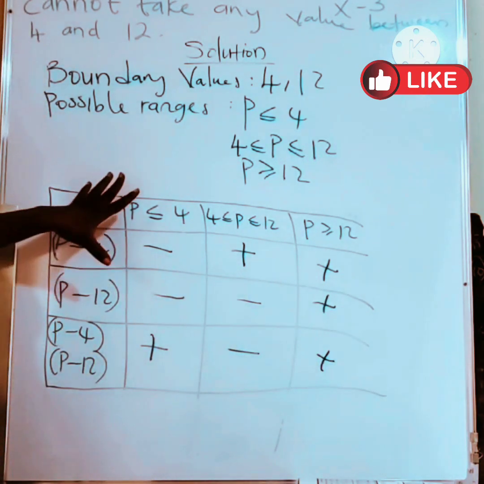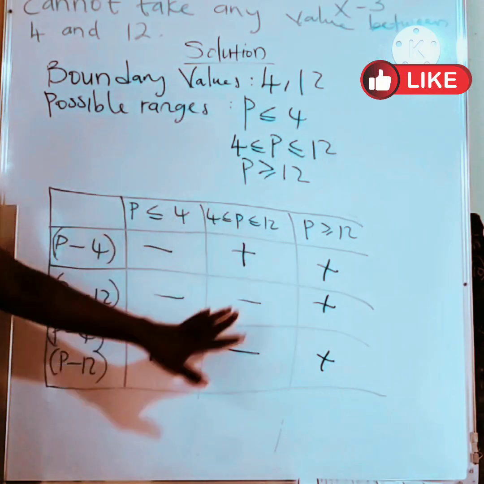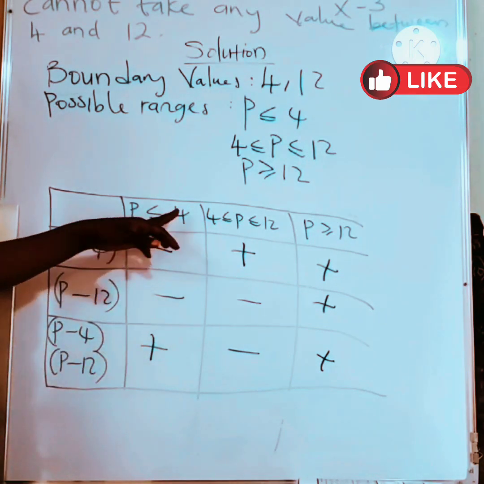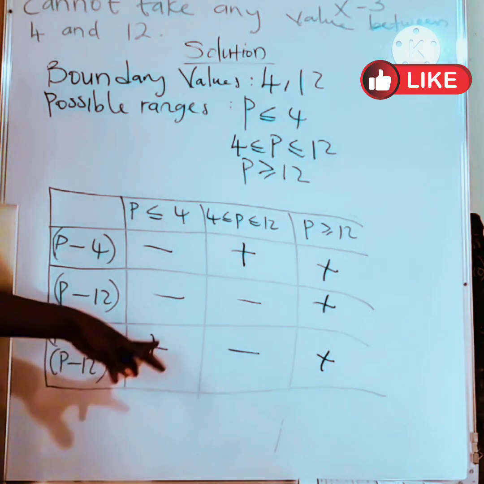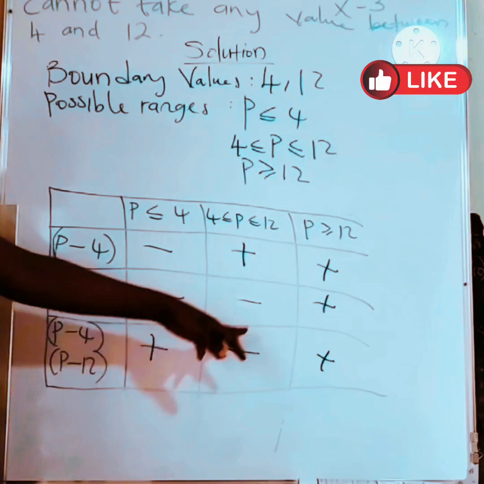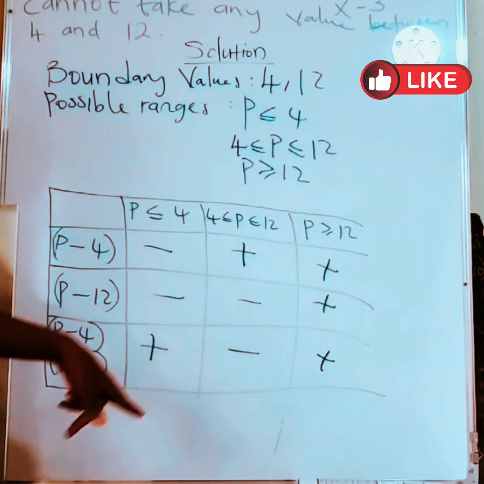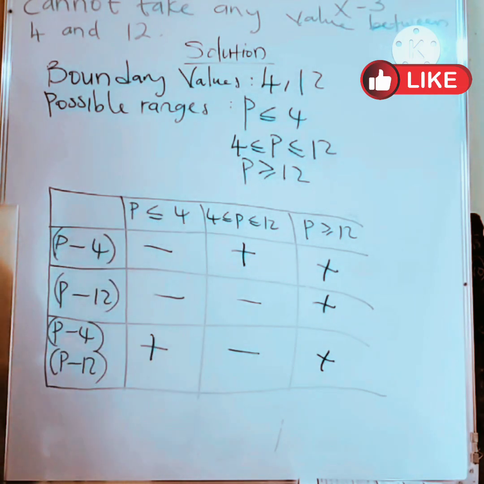Now we have verified the sign of the solutions in each of these ranges. For p less than or equal to 4, it is positive, meaning it's greater than 0. Between 4 and 12, it's negative, meaning it's less than 0. Greater than 12, it's positive, meaning it's greater than 0. So let's check which of these ranges satisfy our equation.